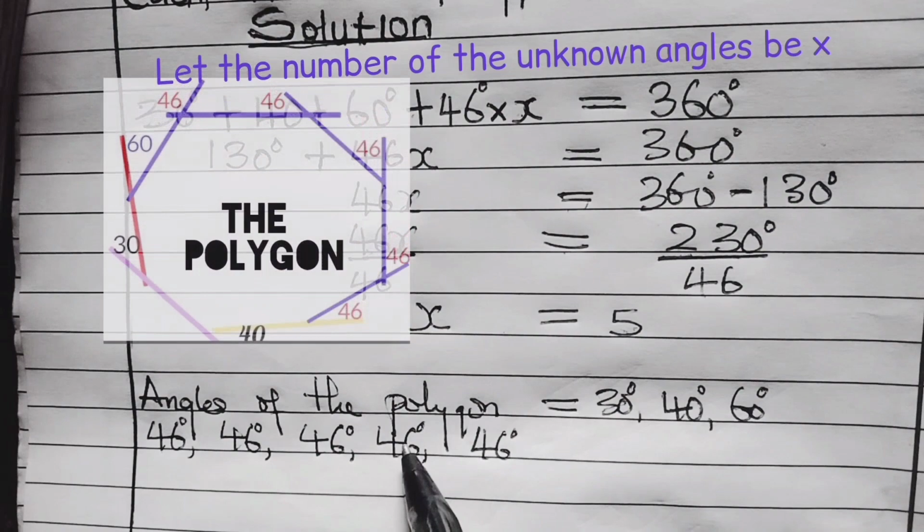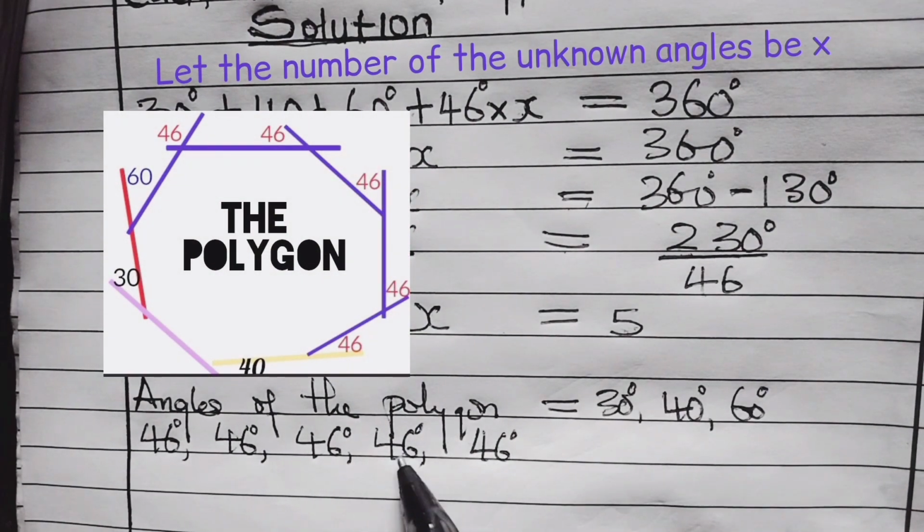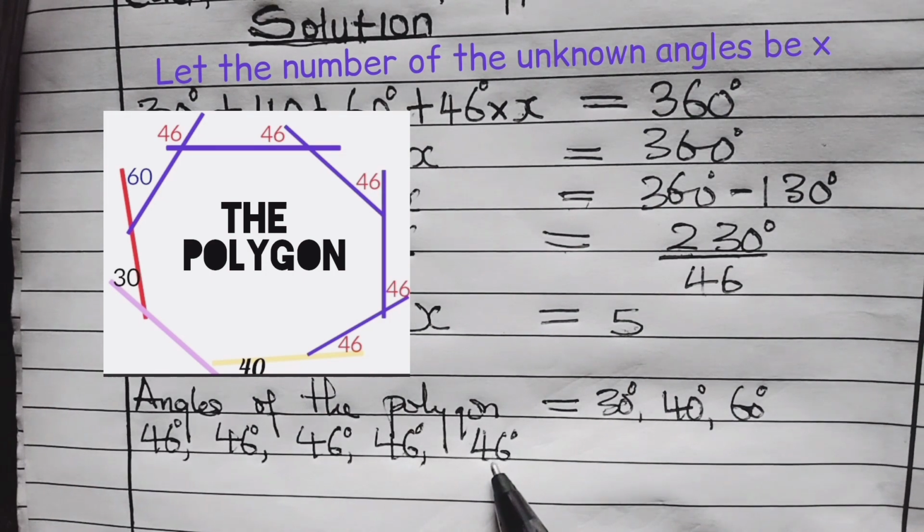The polygon has 5 angles that are 46 degrees.